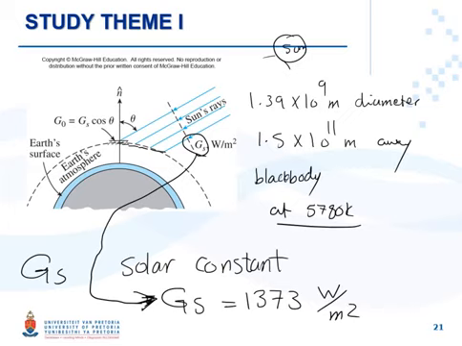But what is this solar constant? This solar constant is the total solar irradiation at the outer surface of the Earth's atmosphere. So at the outer edge of the Earth's atmosphere, the total solar irradiation is equal to 1,373 watt per square meter.